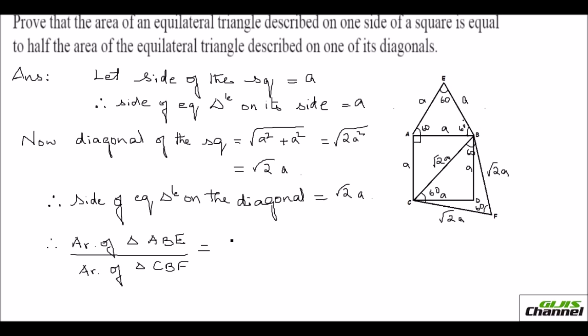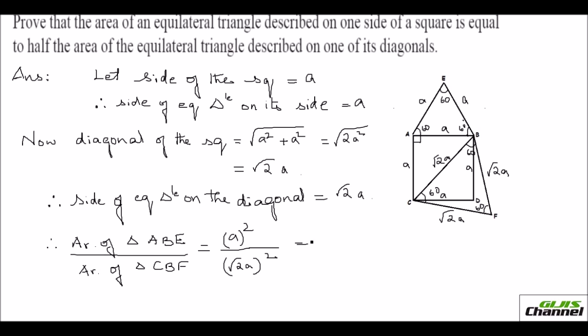So here one side will be a, right? And here it is a square divided by root 2a, the whole square. Did you get that? On top I have written its side is a, so that is a square, and here it is root 2a.